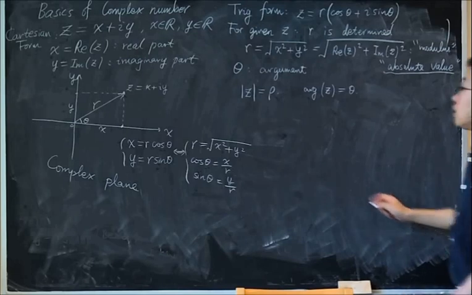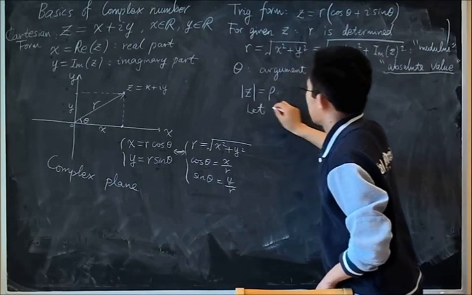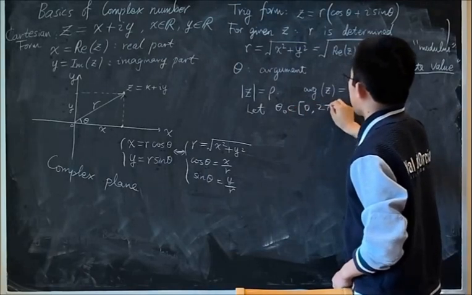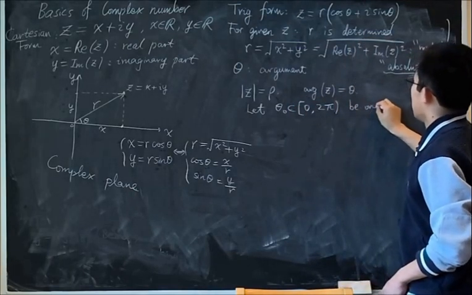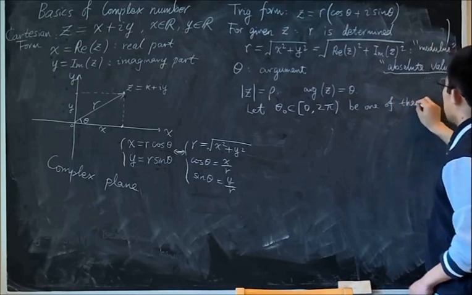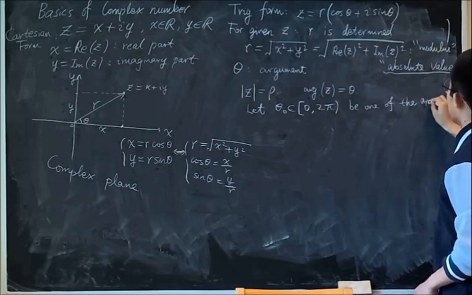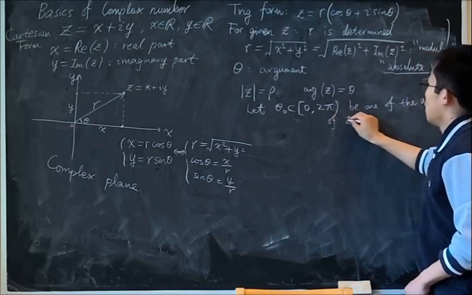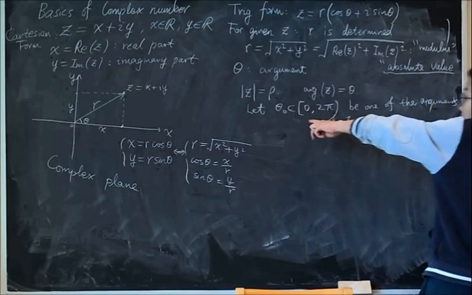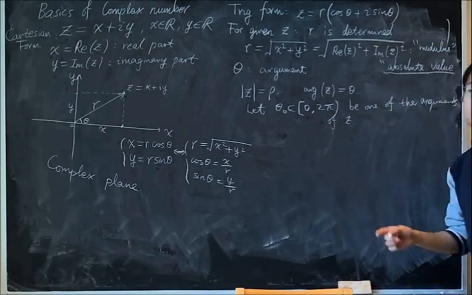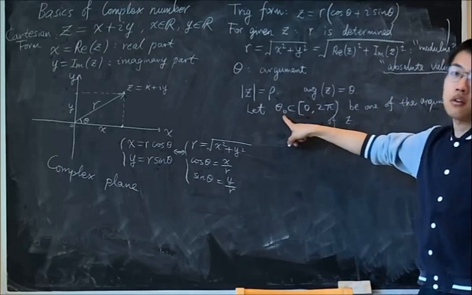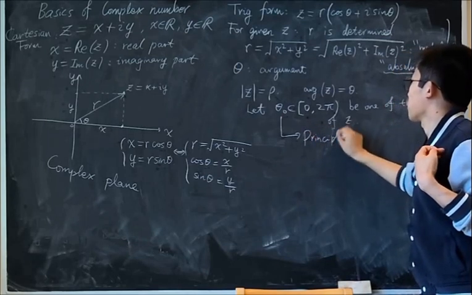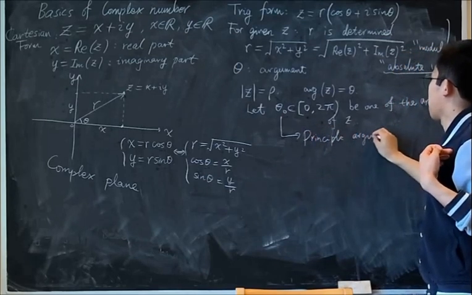So I would say let theta naught, between 0 and 2 pi, be one of the arguments of z. And if I restrict the value between 0 and 2 pi, obviously the choice of this theta naught is unique, and I call this the principal argument.